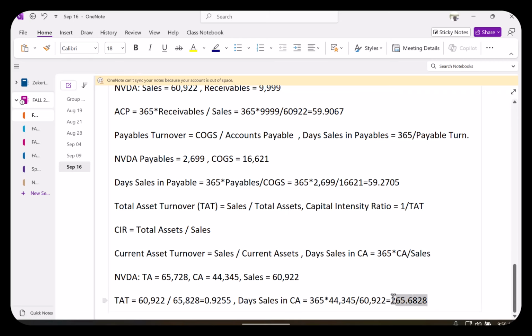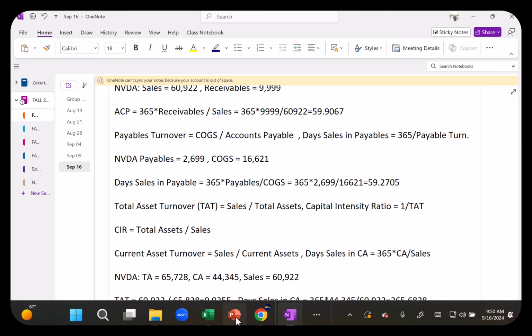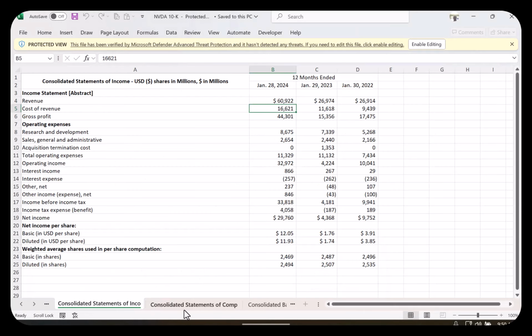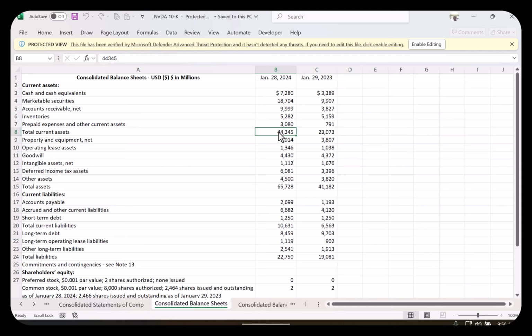Usually you want that number to be relatively low. Remember, current assets are assets that do not earn much. They're either cash, accounts receivable, inventory, and stuff. But part of the reason that's very high for NVIDIA, of the $44 billion in current assets, about 25 is in cash and almost cash-like stuff.